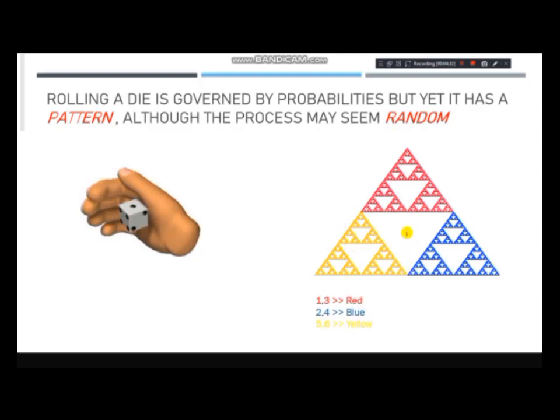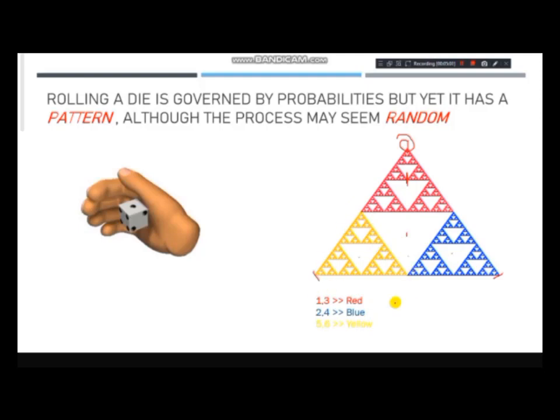I already have the coordinates of my initial position, and I already know the coordinates of this point and this point and this point. So, calculating the distance and dividing by 2, this would be my new point. By keeping this process going, I will end up with some pattern like that.